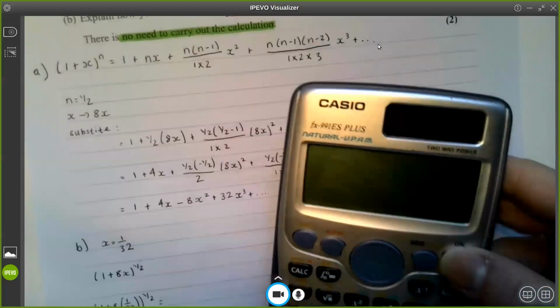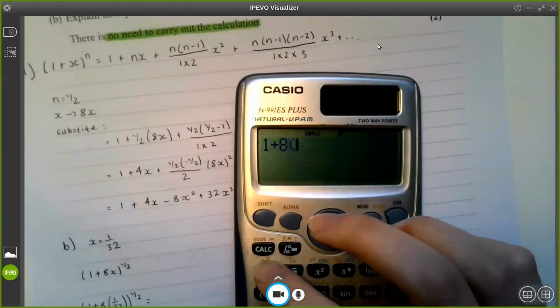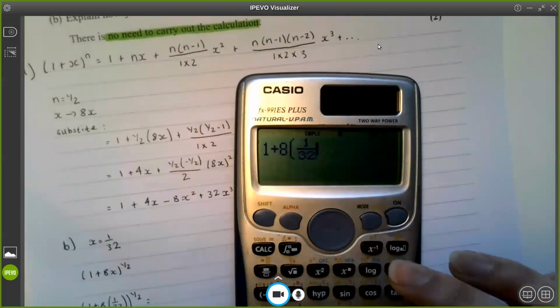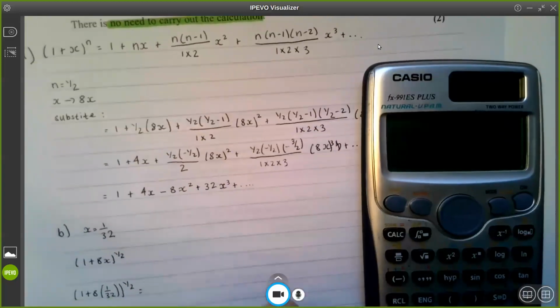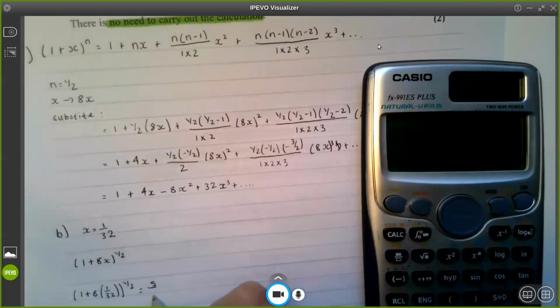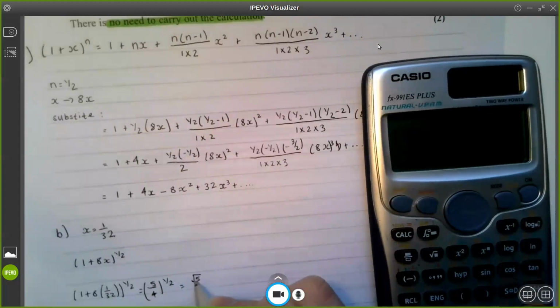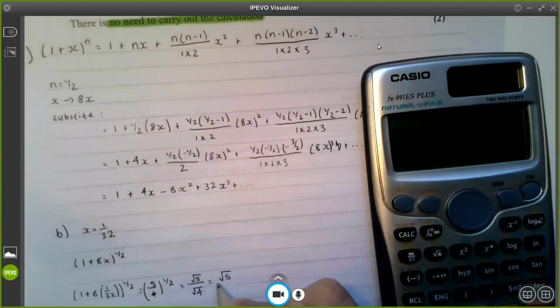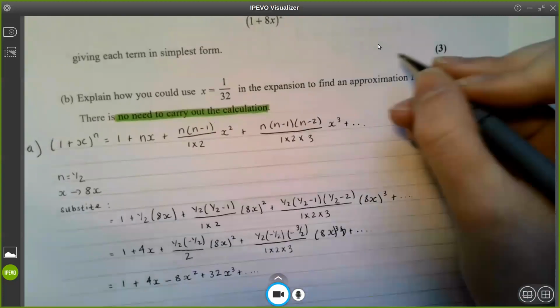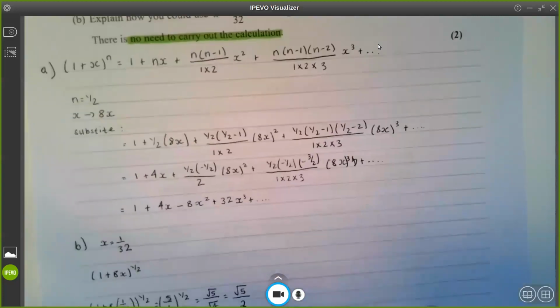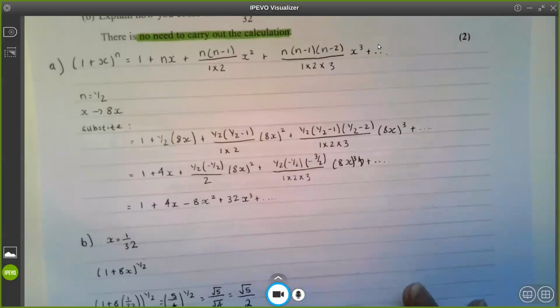So let's figure that out. 1 plus 8 times 1 over 32 gives me 5 over 4. So I've got (5 over 4) to the power of a half, which gives me root 5 over root 4, and simplifying that is root 5 over 2. I want an approximation for root 5, so that's not quite what we want, but we're almost there.